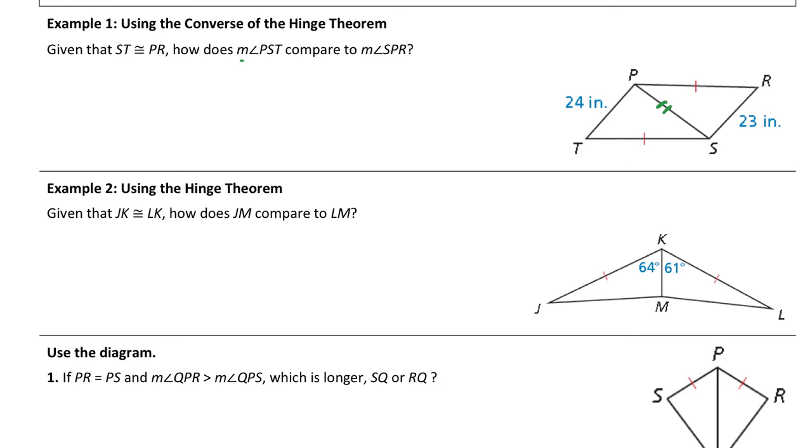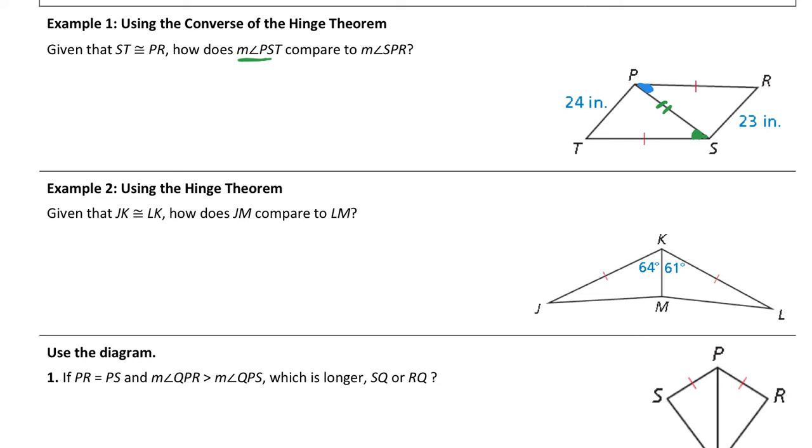So angle PST, I'm going to highlight in green. This is angle PST. I'm going to do angle SPR in blue. This is SPR. Now when we look at this, the important part to understand is that we have two triangles. PT is greater than RS.